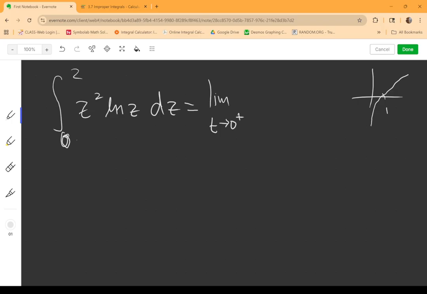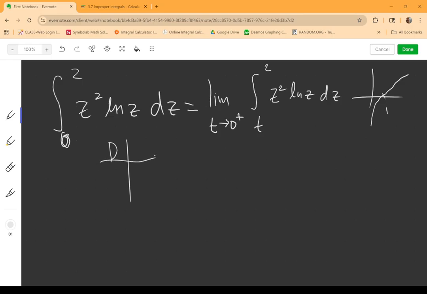Everything else stays the same, so the lower limit now becomes t, the upper limit stays 2, and then we have z squared ln of z dz. A limit like this I'm going to do using parts.